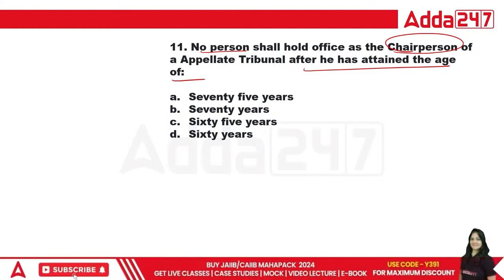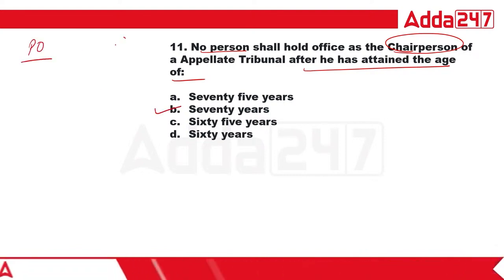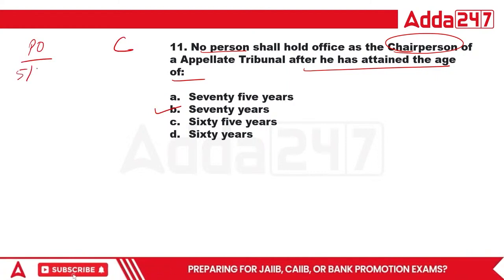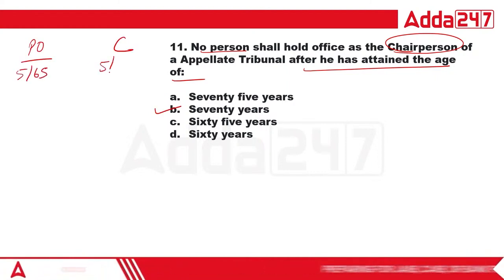The right answer will be 70 years. So please remember, this is the presiding officer, this is the chairperson. Presiding officer 5 and 65, and that one 5 and 70.